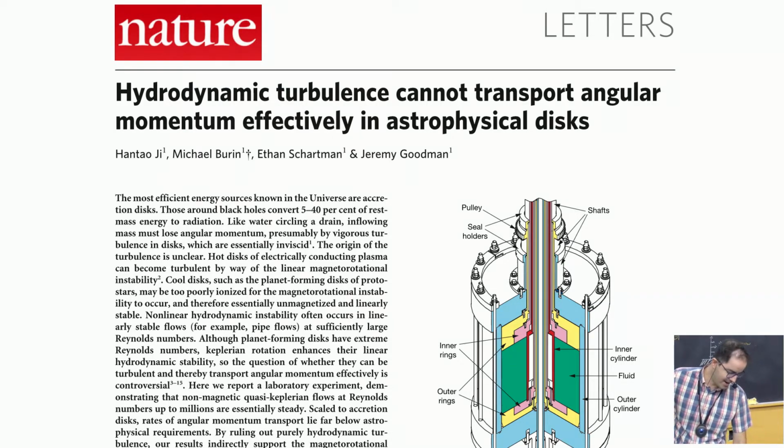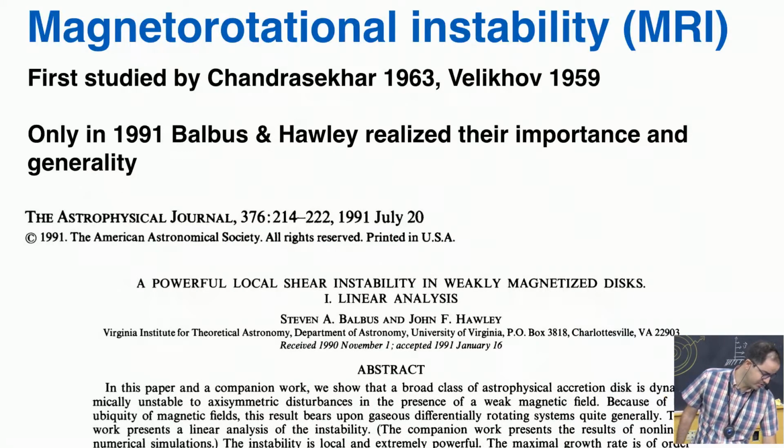And here we now have to thank, again, the great Subrahmanyan Chandrasekhar, because he was one of the first people, together with Velikhov, to realize that if you have differential rotation, as I said, a fancier version of Kepler's problem, and you have magnetic fields puncturing through the disk, you would naturally expect a mechanism called magnetorotational instability to occur in your accretion disk.